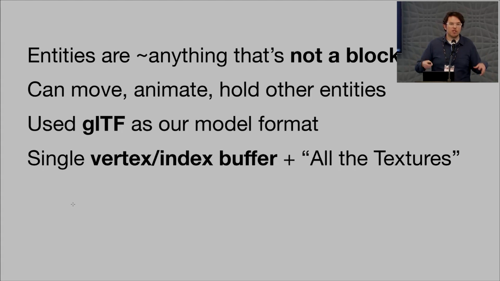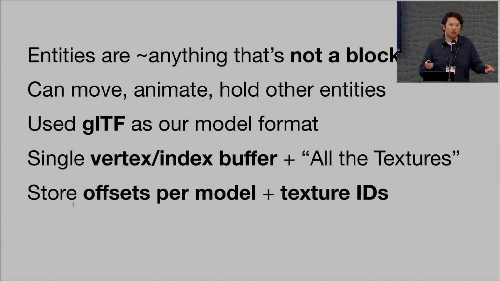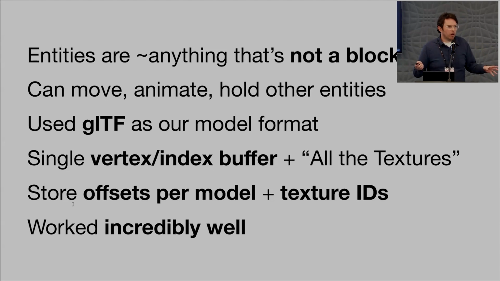We have a single vertex index buffer where we import all the geometry, plus that giant all-the-textures descriptor set that we could use. Then we store offsets per model into that giant buffer, and record texture IDs every time we see a new texture. And this worked incredibly well. This continues to be a very unreasonably effective strategy for rendering GLTFs.